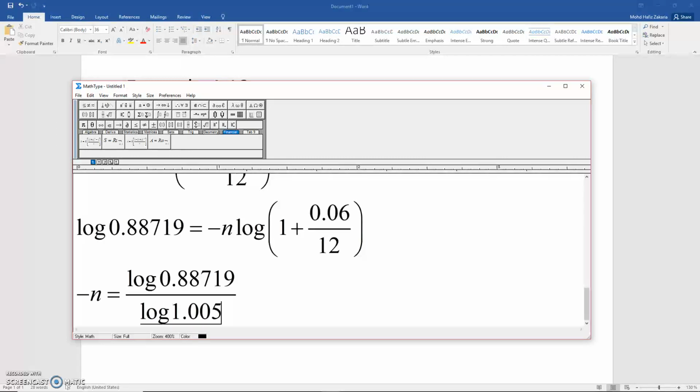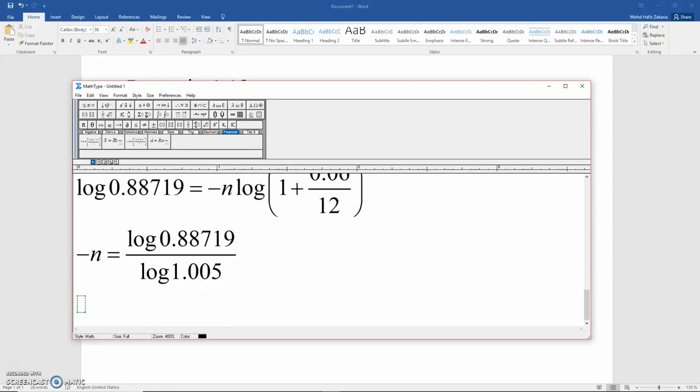Let's calculate it. So we have log 0.88719 over log 1.005. Okay, it gives you negative n equal to negative 23.99.